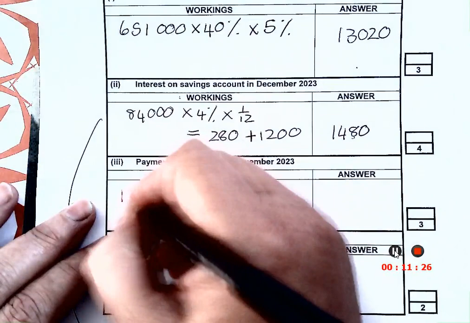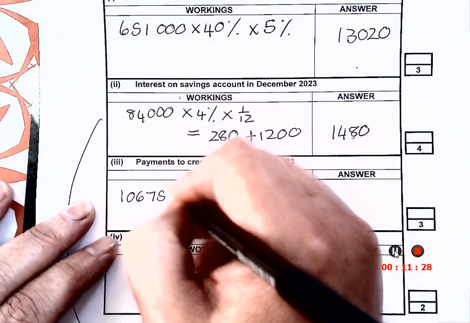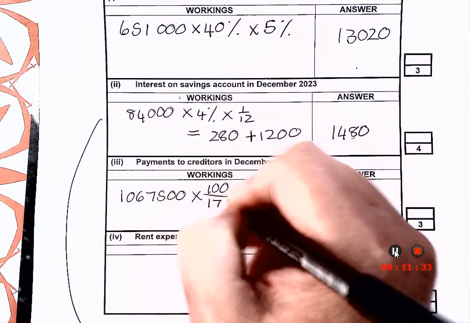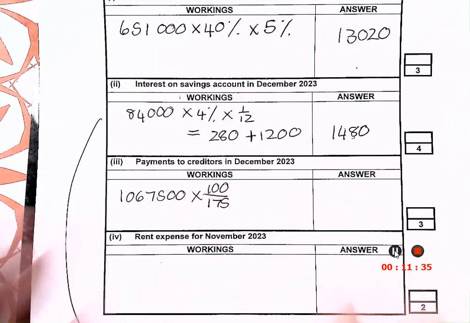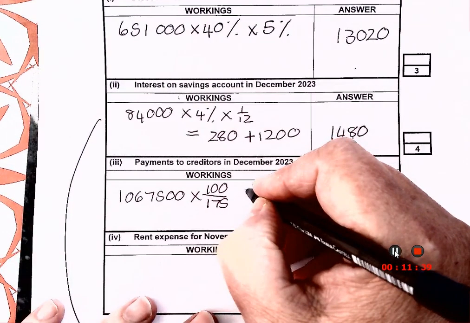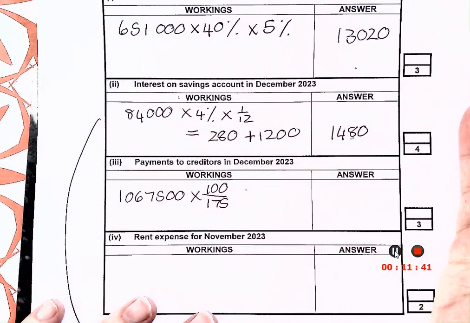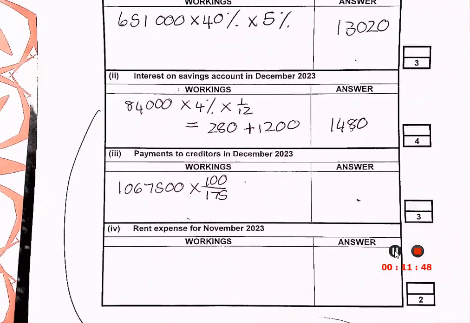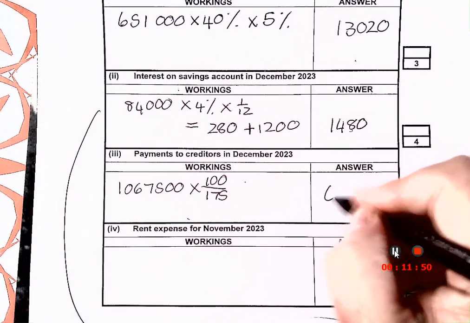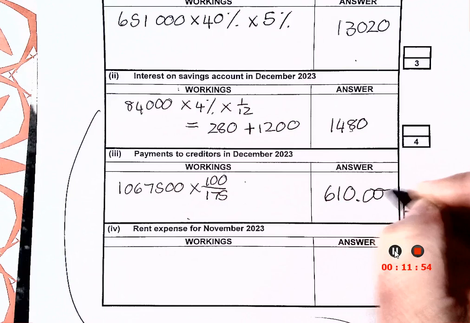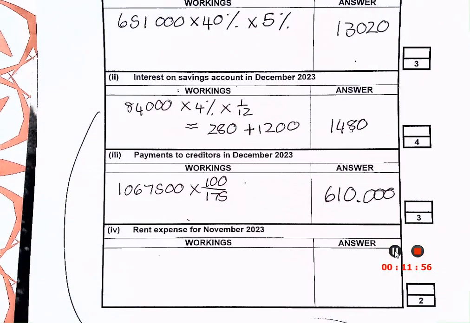So I'm going to say 106,700 times 100 over 175, because now I have cost of sales. Then I times, no, I don't even have to times, because 100% is paid. So there's my answer. How much? 0. So there's my answer.